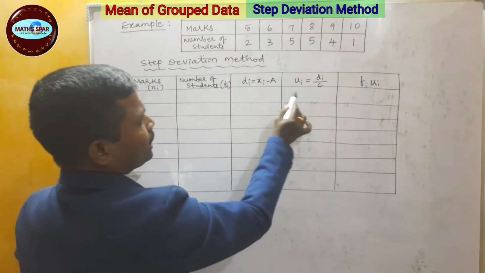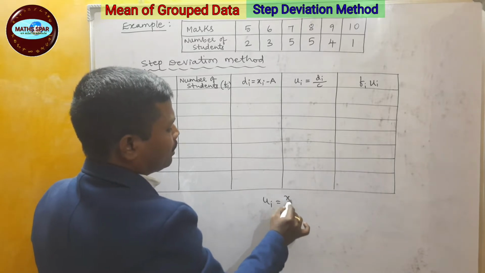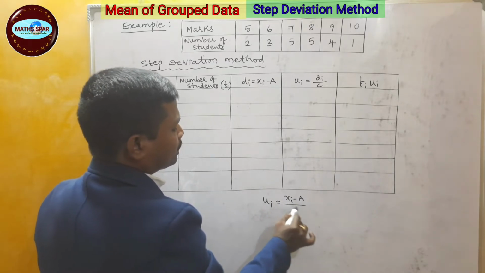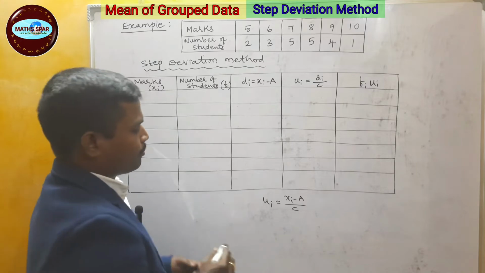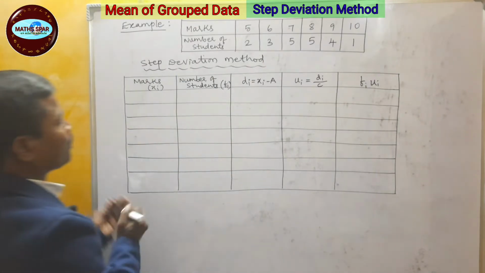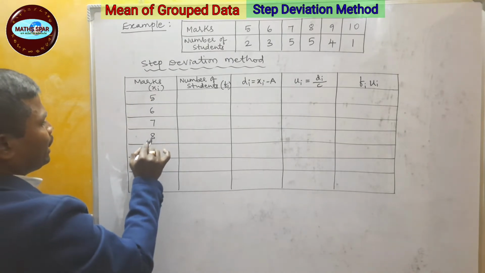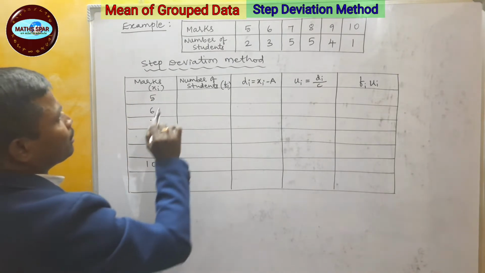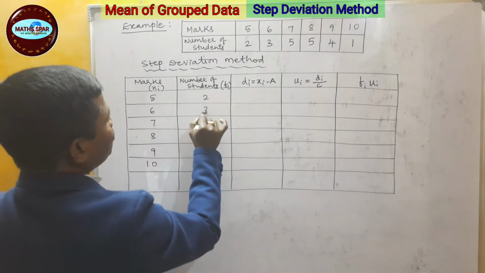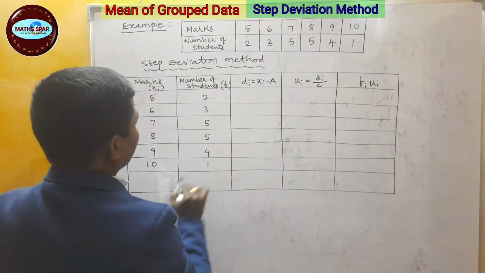Instead of writing these two columns, you can also have, as I said earlier, directly (xi minus a) by c. Now the marks are 5, 6, 7, 8, 9, 10, and the frequencies are 2, 3, 5, 5, 4, 1.